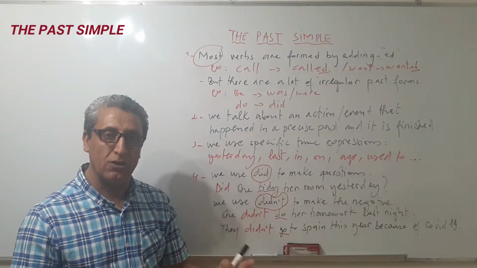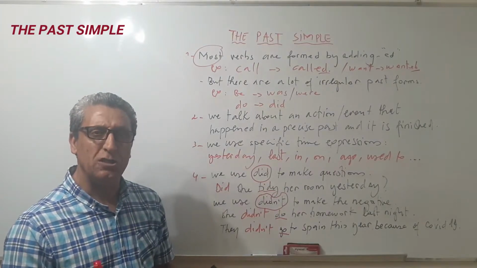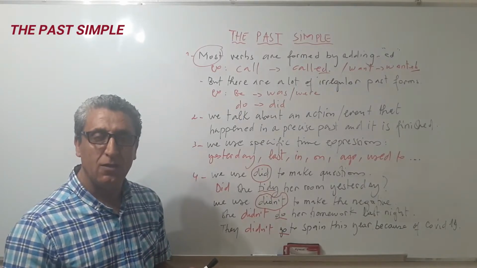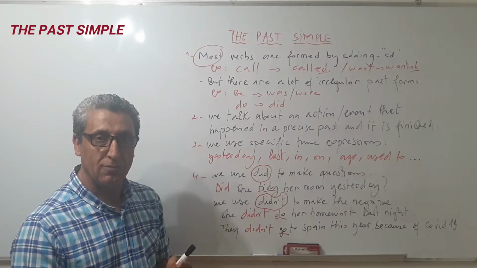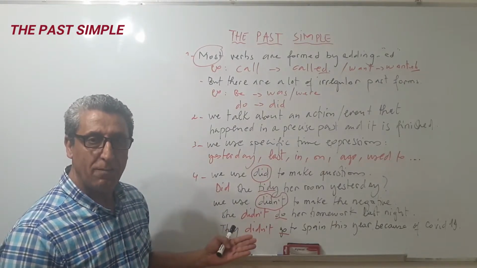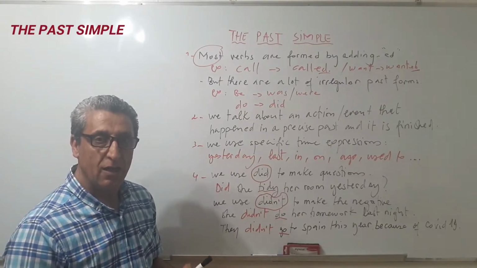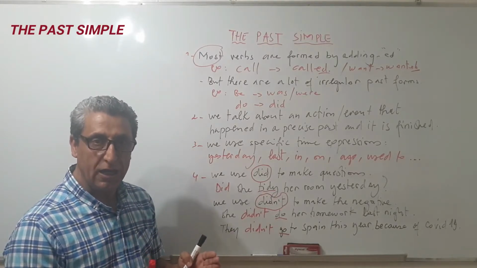So when we want to make a question, remember with the present simple we say, for example, do you speak English? So here, do you speak English? It's a question, okay, and we need to use do in the question. So it's do you speak? It's the same with the past simple. In a question, it is obligatory to use did in the question.